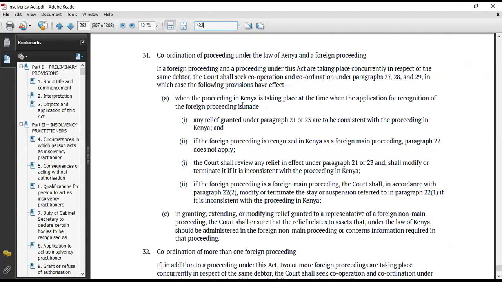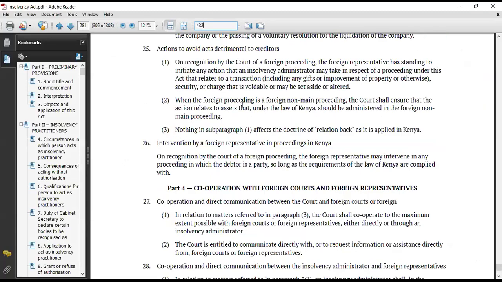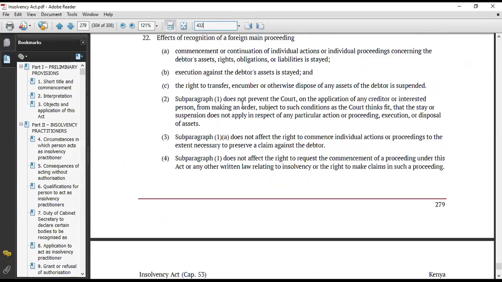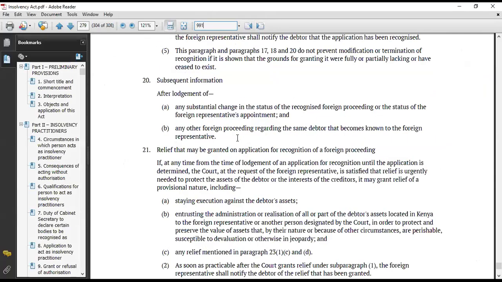Remember, the branch has its officials here, registered officials. So what does 991 say? You can read.